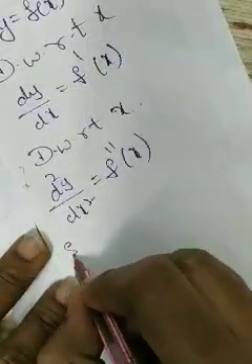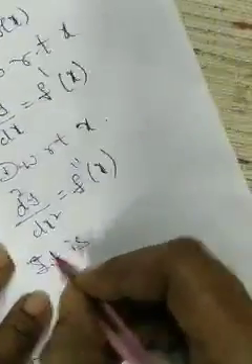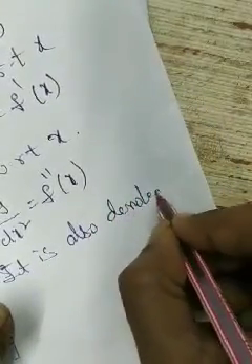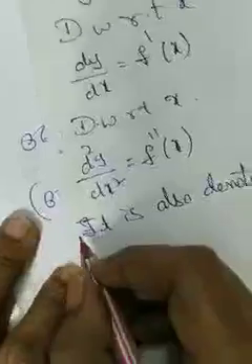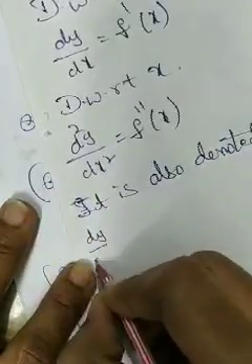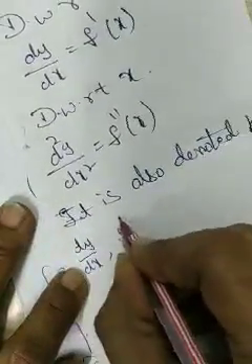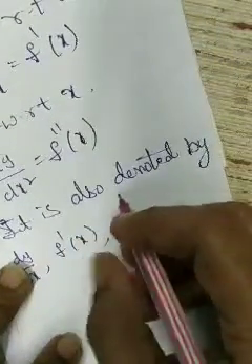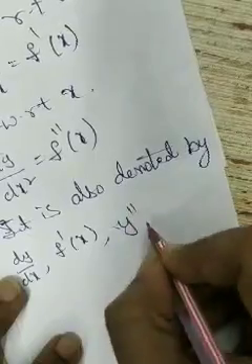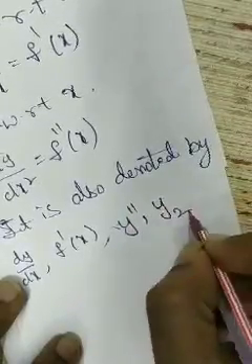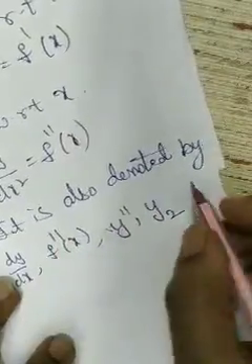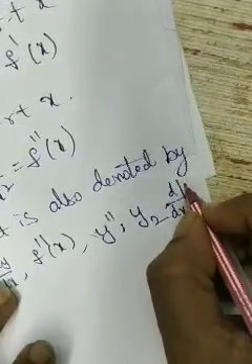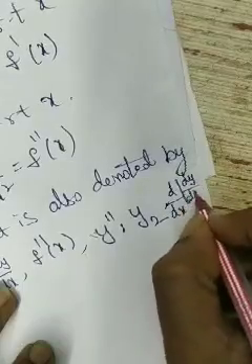Second order derivative is also denoted by f dash of x, y double dash, y2, or d by dx of dy by dx.